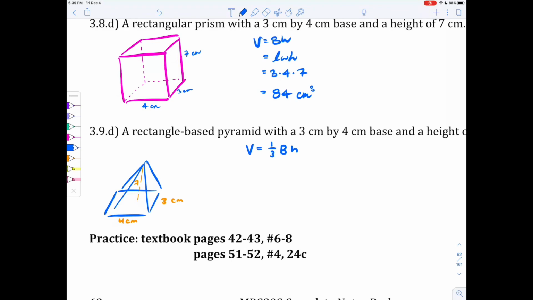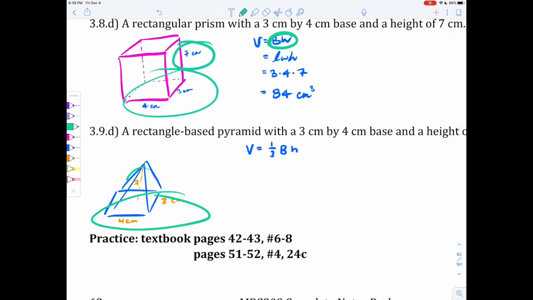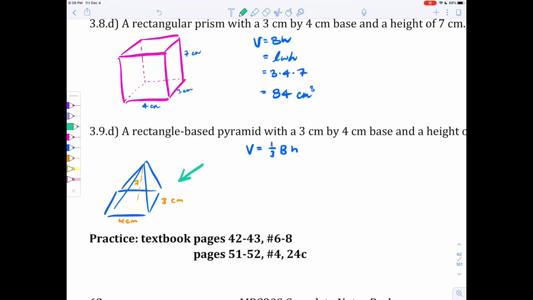So if this volume is the area of the base times height, its area of the base is the same because they're the same measurements, and the height is the same. The volume of this pyramid is going to be 1/3 the volume of its corresponding prism. And this actually happens to be true for any prism and pyramid with the same base as well as the same height, because we can see why in the formula.